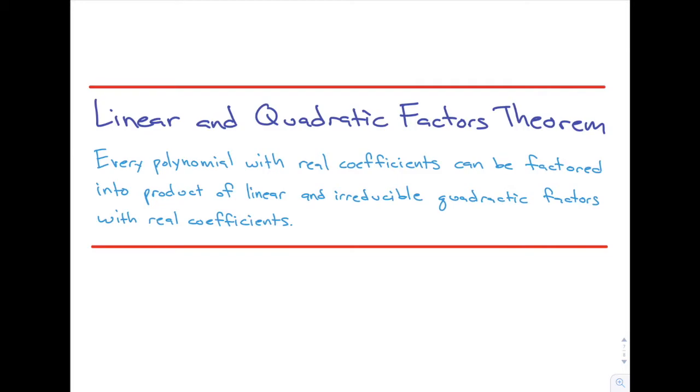The complex zeros theorem says that if we have a complex zero z, then we also have its complex conjugate z bar as a zero of any given polynomial. And then with the linear and quadratic factors theorem, we can factor over the real numbers into a product of linear and irreducible quadratic factors with real coefficients.